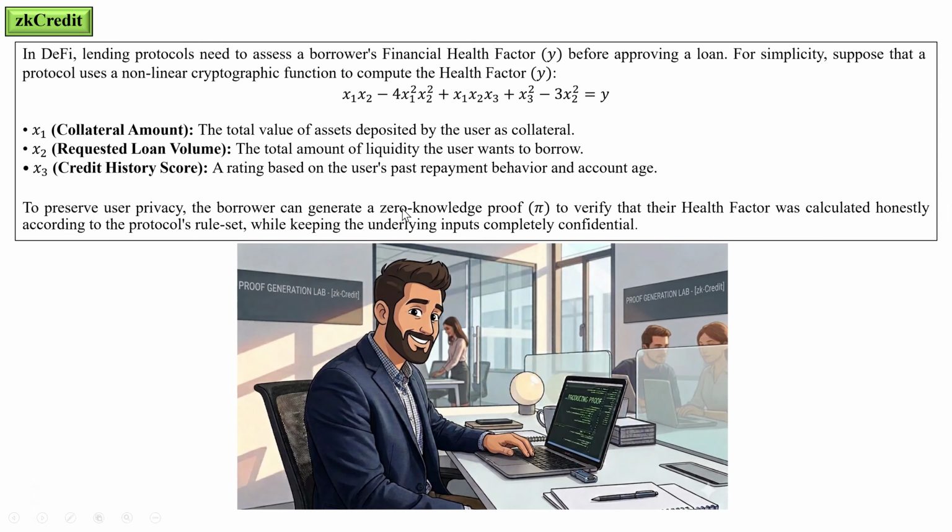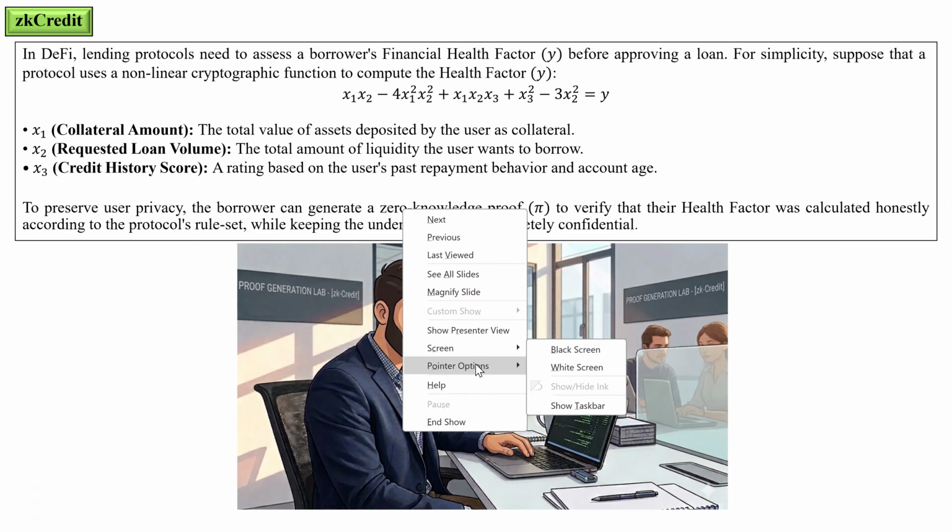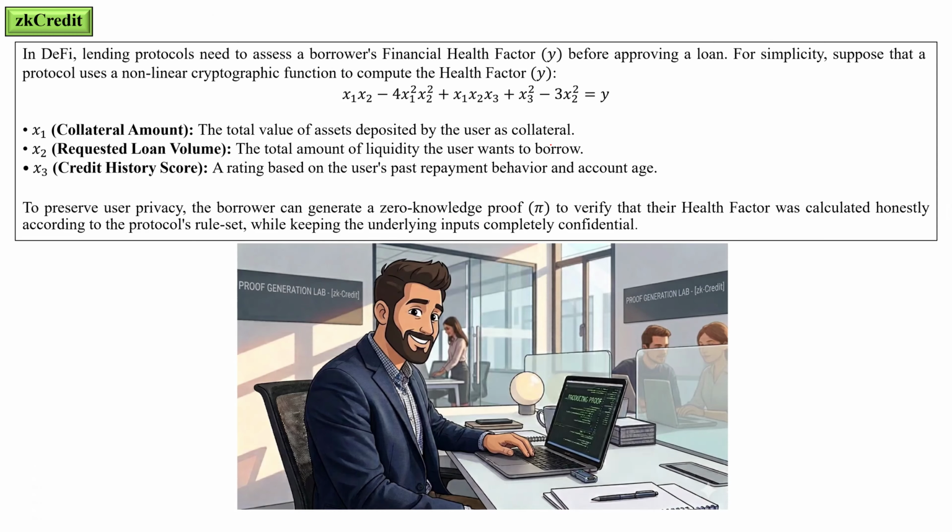So we assume that there is a formula that computes the health factor of a user, where X1 is the collateral amount of the user, X2 is the requested loan value, and X3 is the credit score of the user.